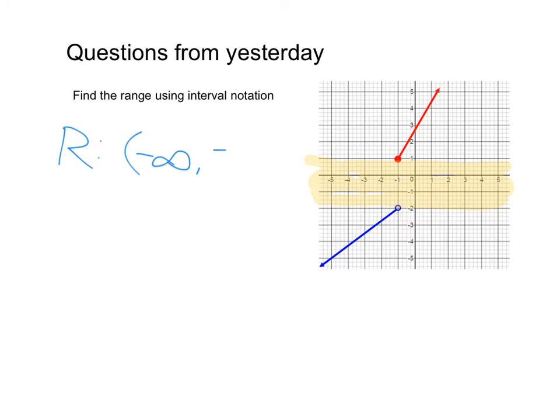So -infinity to -2. Then we're going to use our union symbol. Remember, this is just a mathy way of saying and. And then we go from 1 to positive infinity. 1 is included, and infinity is never included, so it always has to use a parenthesis. So there you go.